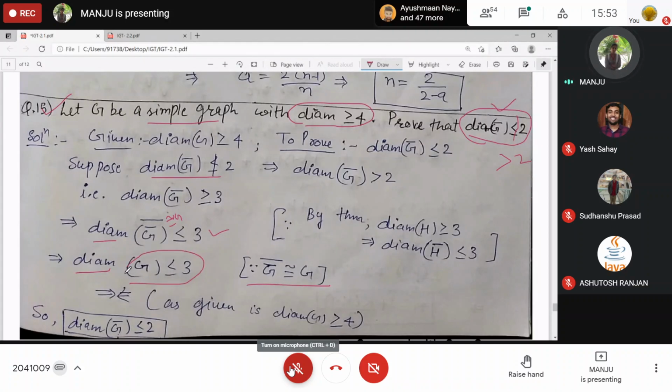Is it possible? If this is not true, then that is the negation of Q you have taken, and then you are proving the negation of P. Clear? Given was that the diameter is at least 4, but we have proved it is not even 4, that is at most 3, which is not possible.